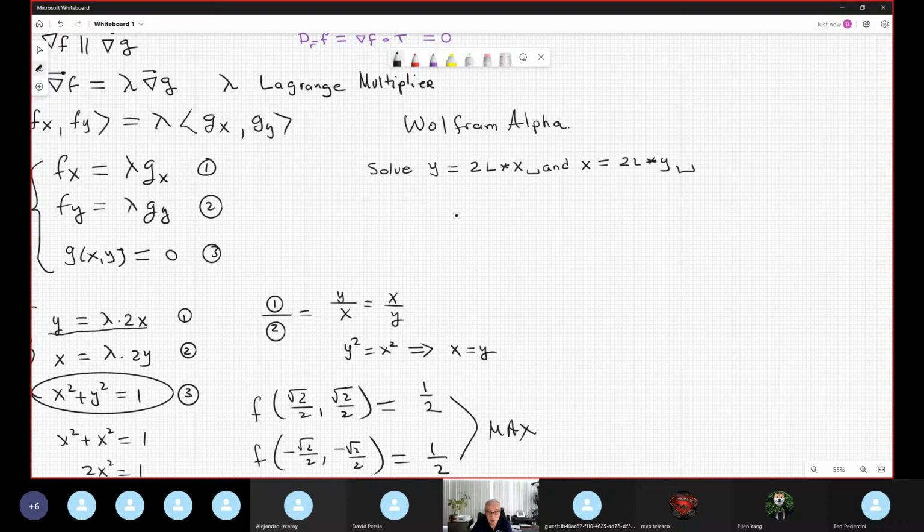Be careful with the times, it's important. And finally, the constraint is x squared plus y squared equals 1. And you press the equal button here, and Wolfram Alpha gives me the answer. Let's do it now. This is one way.